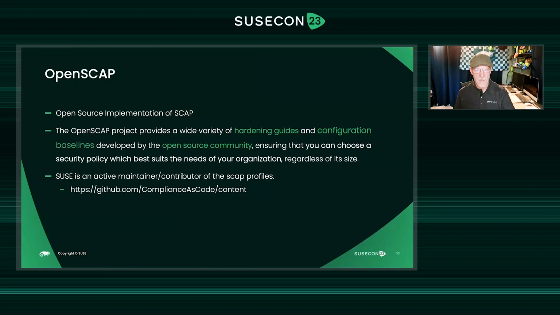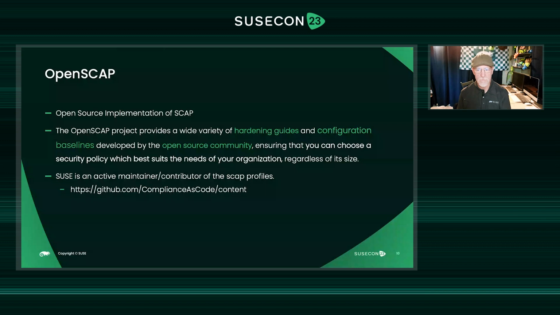So now OpenSCAP, how do we go about that? Like all things SUSE related, we are an open source company, and we provide the open source side of SCAP. OpenSCAP is a project that provides a wide variety of hardening guides and configuration baselines.